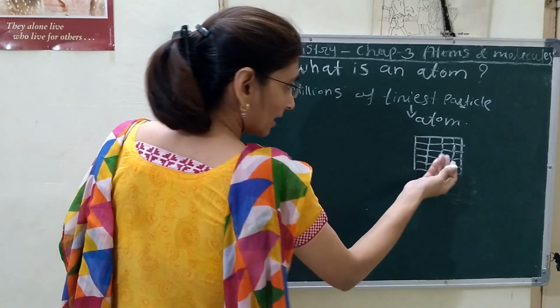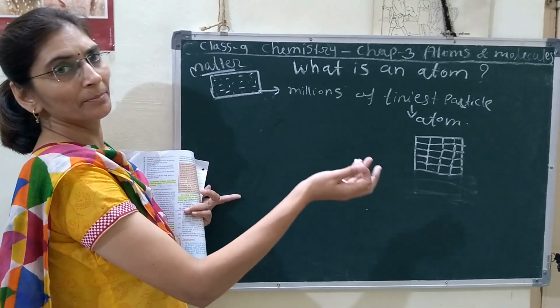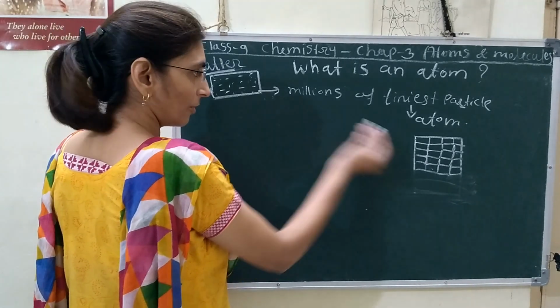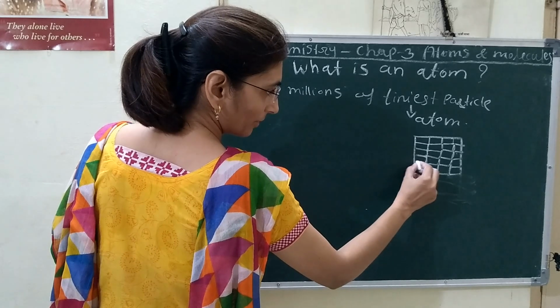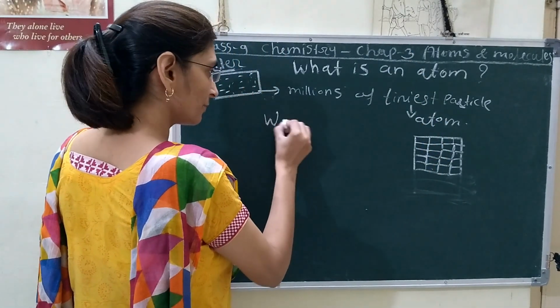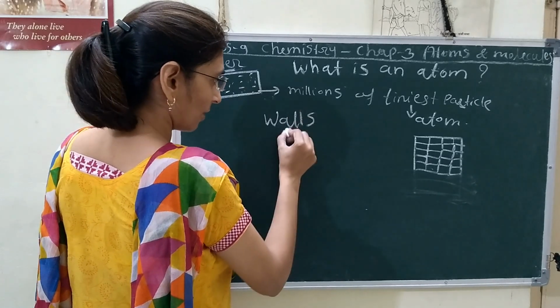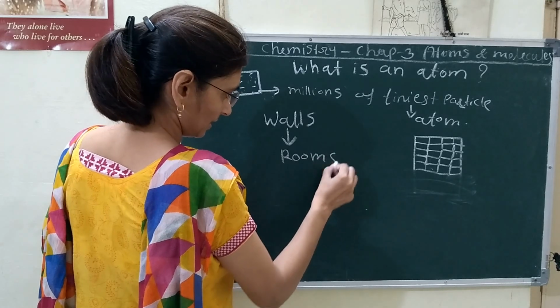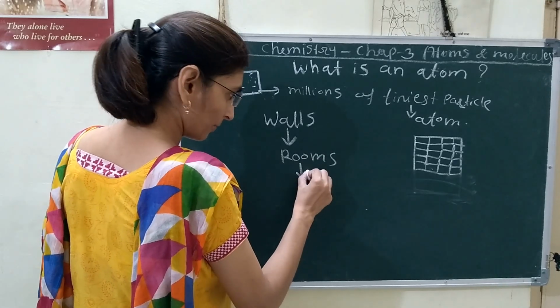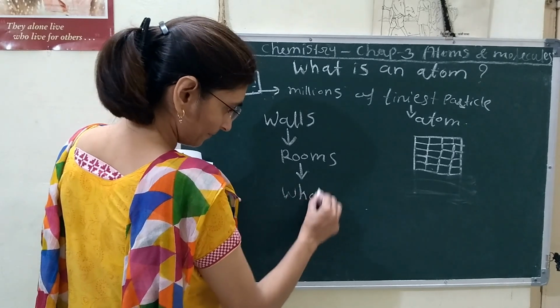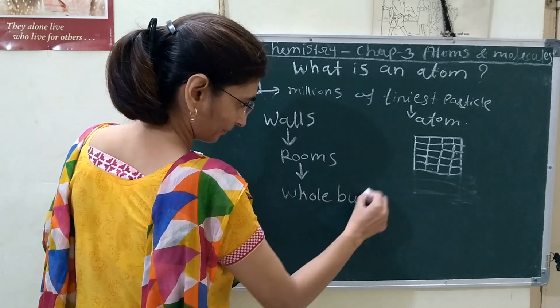So like that, when we prepare one building or we construct one building, what are first? Initially what are we having? Only walls we are having, and from that wall we will get the rooms, number of rooms. Then from that number of rooms we get the whole building.